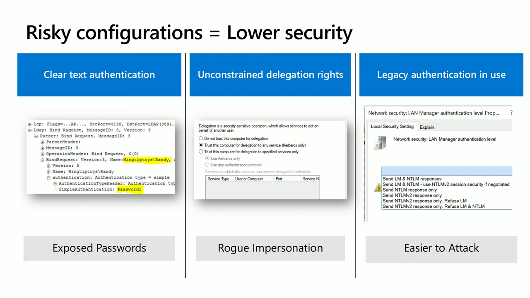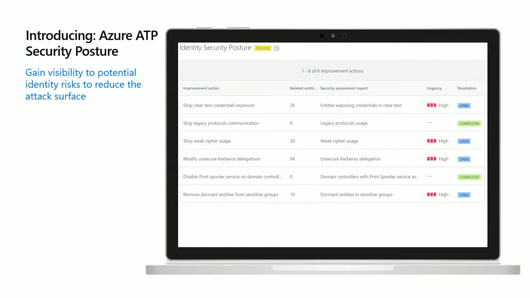These are, at the end of the day, a good recipe for elements that are easier to attack because they have more vulnerabilities. They are not as up to date as any other protocol that we have in the network. And for that, today we're introducing, and would like everybody here who is using Azure ATP already to experience, our identity security posture assessments.